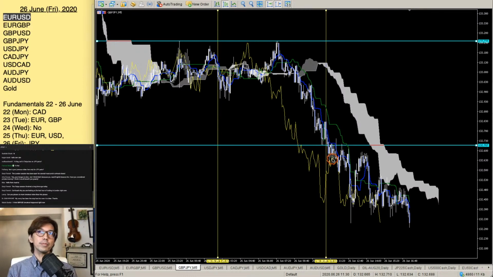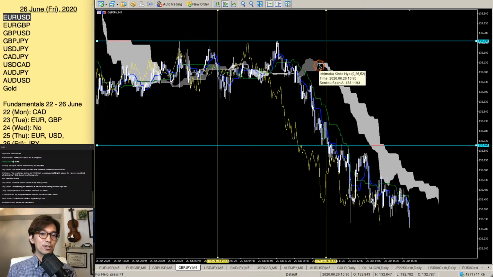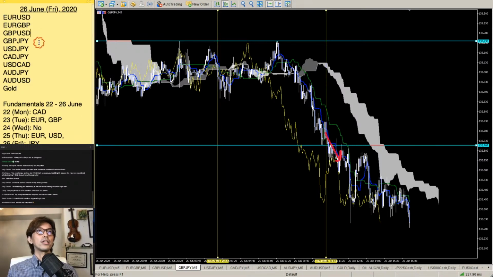But right now I'm only using the MT5 platform. So I create this Tokyo box manually now in my head. I don't draw these lines, but I just create the Tokyo box like this in my head and expect the breakout downwards this way. So this is the GBP/JPY, and you see how beautifully it's breaking downwards now.